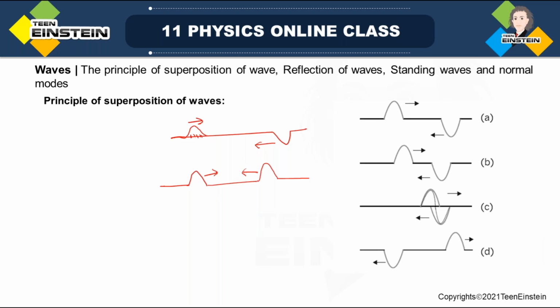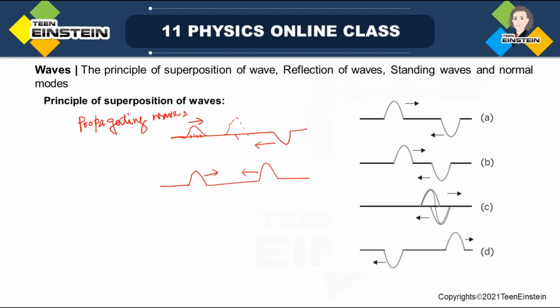So what will happen? Because these are propagating waves. That means the wave after production will travel through the medium. So both are propagating waves. In both cases, what will happen when these two waves are overlapping?